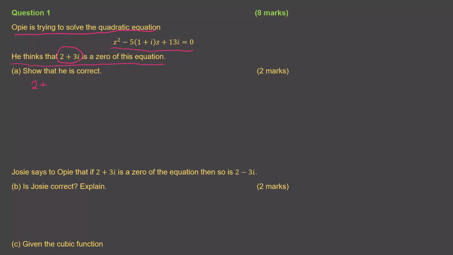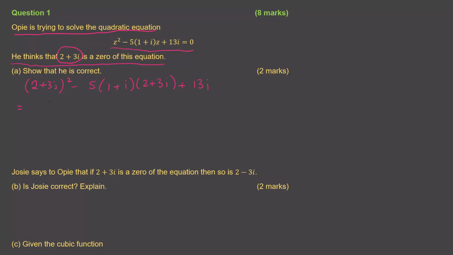So we'll get (2 plus 3i) squared, take away 5(1 plus i)(2 plus 3i), plus 13i.